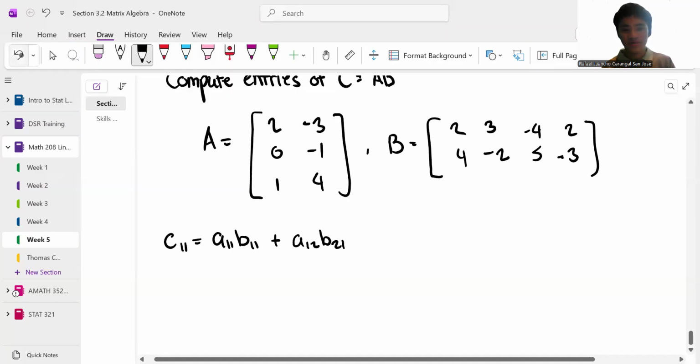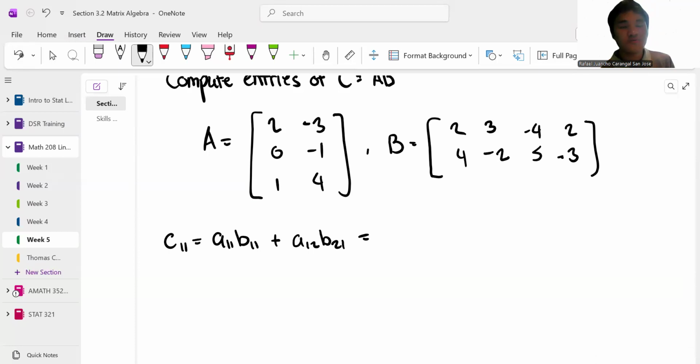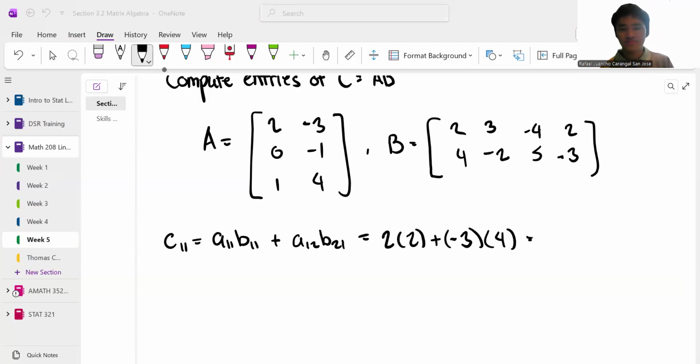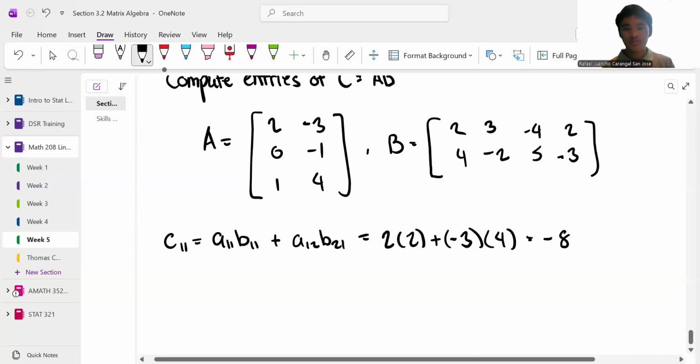And then we keep going. Or actually, in this case, we're done, since we only have 2 columns of A and 2 rows of B. And so this is the same thing as 2 times 2 plus negative 3 times 4. And so that's negative 8. And so that's how we compute it, right?